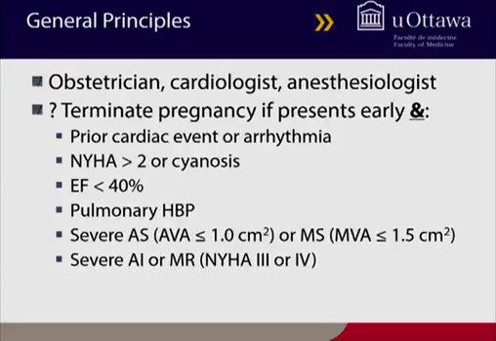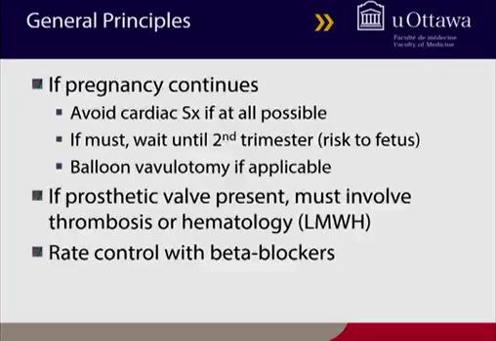Ejection fraction less than 40%, pulmonary hypertension, severe aortic stenosis or severe mitral stenosis, and severe AI or mitral regurgitation, and functional capacity at New York Heart Association 3 or 4. So if you have somebody like that early on in the pregnancy, you know things are going to get worse, and there's a big question of whether we should even try to carry on with the pregnancy.